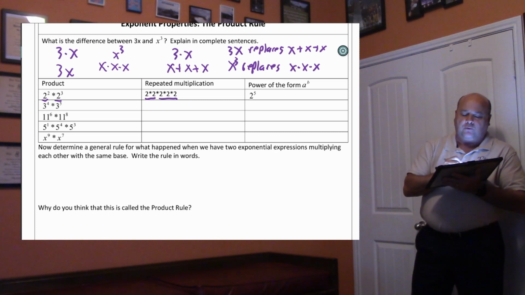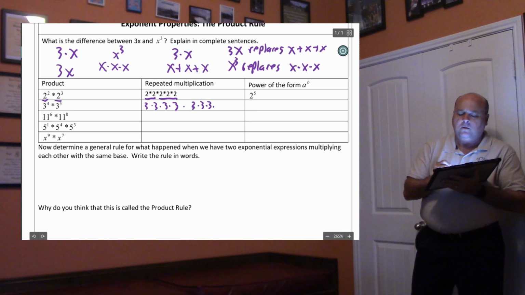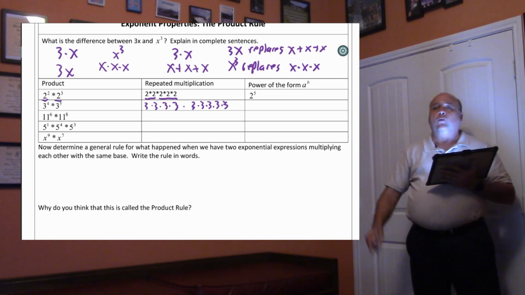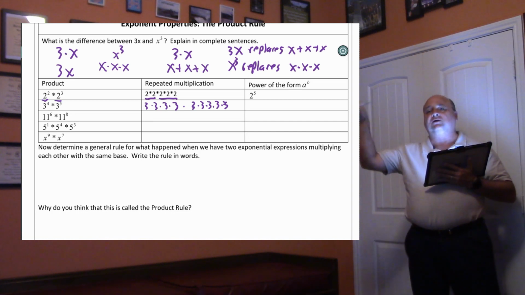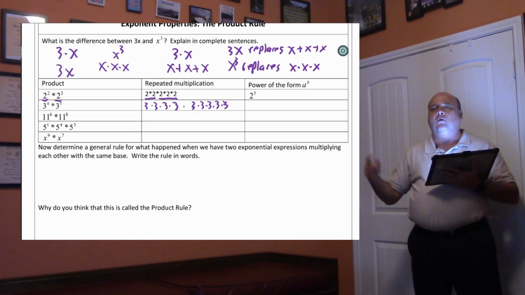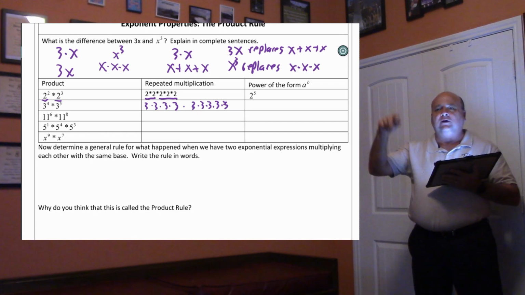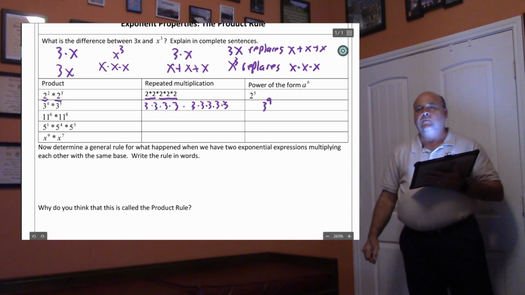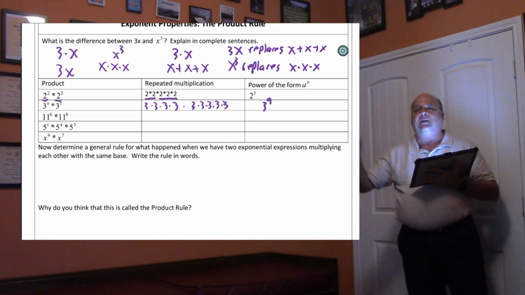So we're going to write down 4 3's, and then we're going to write down 5 3's. Now then, a kindergartner can count the number of 3's. Remember, this is not 3 plus 3 plus 3, it's 3 times 3 times 3. So if I were to count all those 3's up, I have 4 3's, I have 5 3's, I have 9 3's in all, don't I? So I have 3 to the 9th power.